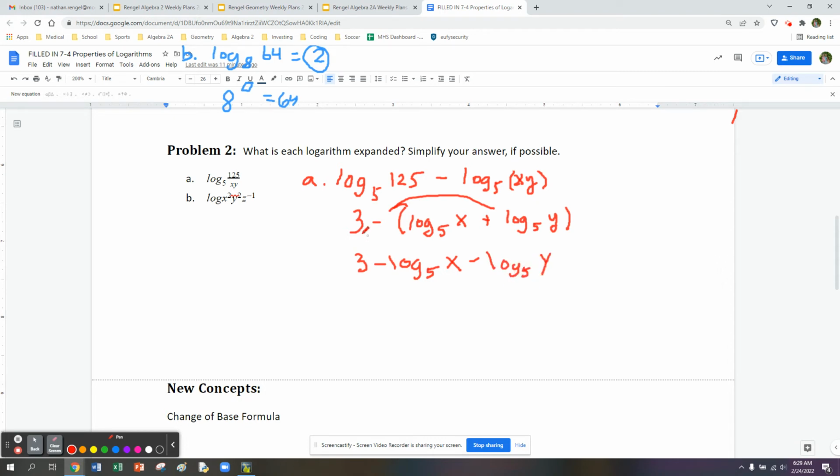So the next thing we'll look at is something that's going to be helpful as we get to section 7.5 as we start to solve exponential and log equations. It's the change of base formula. So the change of base formula allows you to find the value of any log using a common log, or actually you can choose any base that you want to find it, but the change of base formula I have written there is using common logs.